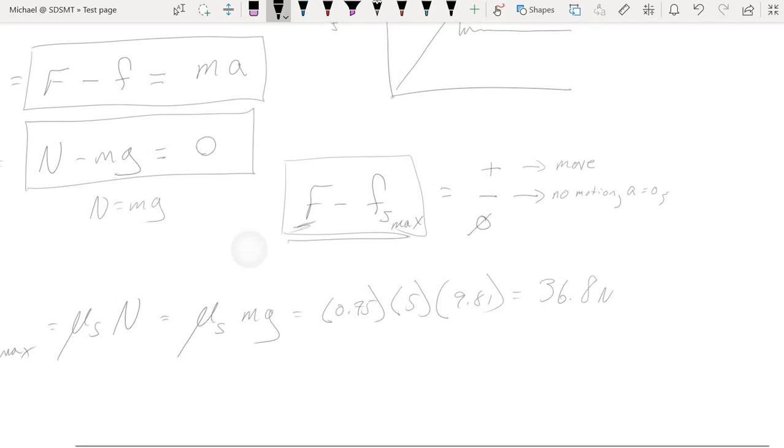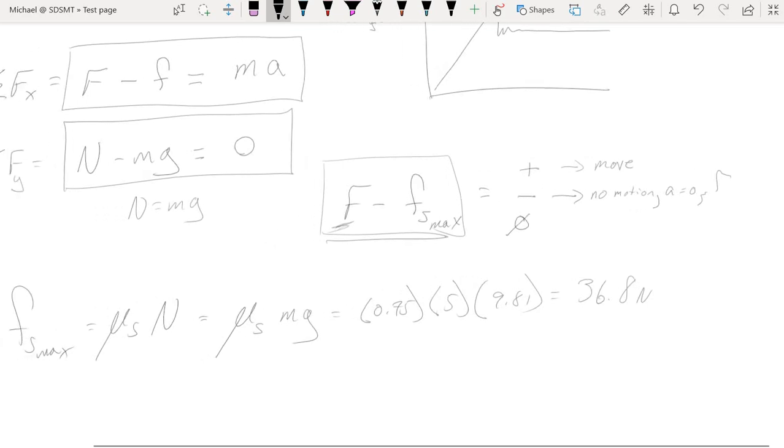And the static friction will have to equal the applied force. Okay, so we'll talk about what that means here in just a moment.